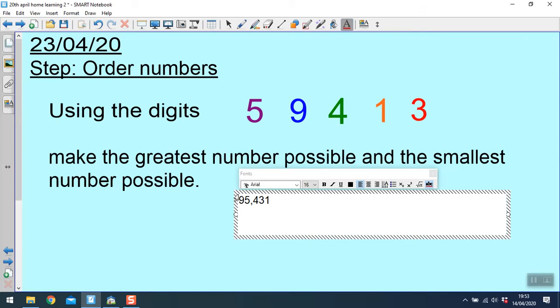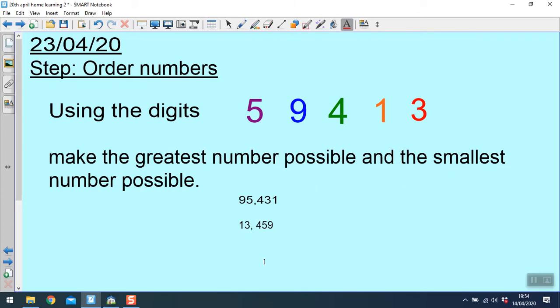To make the smallest number possible, I need to have the smallest digit first. 1 ten of thousands, 3 thousands, 4 hundreds, 5 tens, and 9 ones. So my biggest number is 95,431 and my smallest number is 13,459.